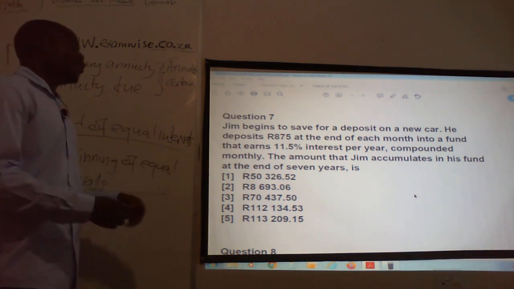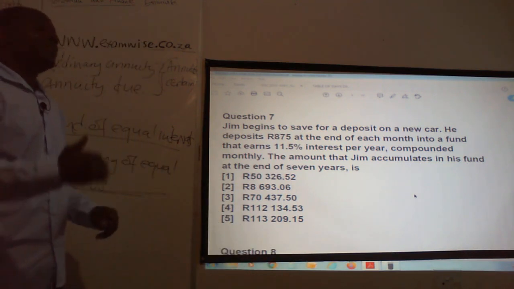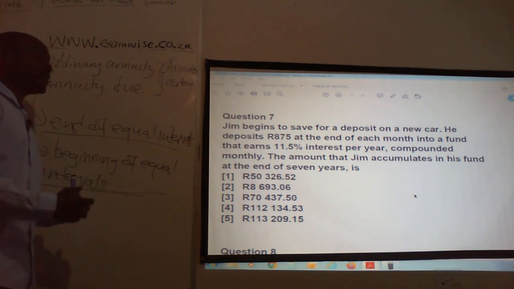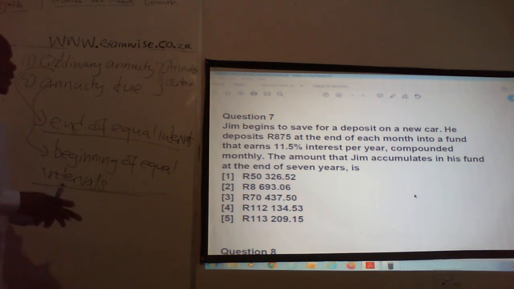For the purpose of this question, since they specified at the end of each month, we are working in end mode. But as we go, we shall also meet a situation where the payments are made at the beginning. There will not be too many things to add there, but we need to change from the end mode to the beginning mode. When we get that question, we'll cover it as well. So in this case, we are dealing with an ordinary annuity.